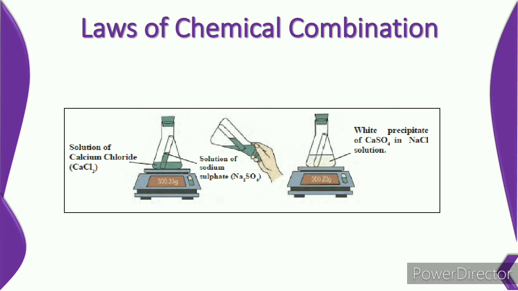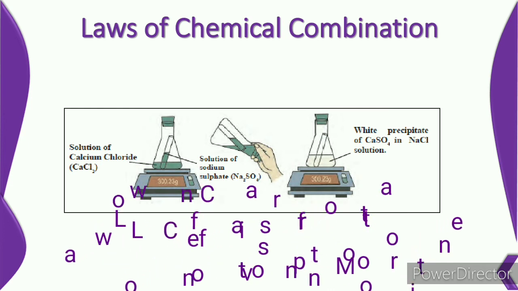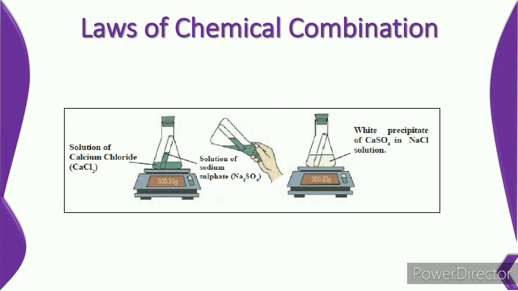There are two laws: law of conservation of matter and law of constant proportion. These two laws are called the laws of chemical combination. Scientists could write the molecular formula of various compounds on the basis of Dalton's atomic theory and the laws of chemical combination.